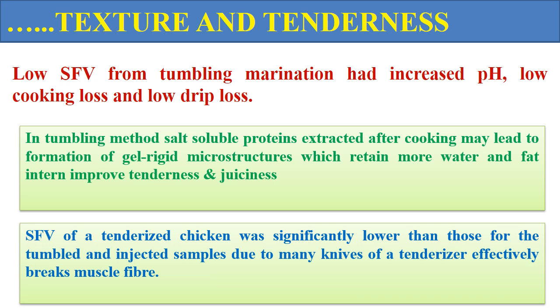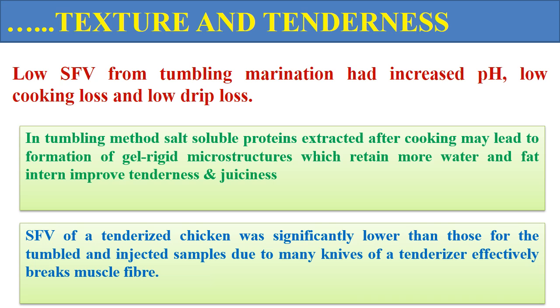Whereas in case of the tenderized method of marination, as I mentioned earlier, first a large number of knives are pierced and then it goes for marination. There the shear force value is very low, and that is because of the use of multiple knives.